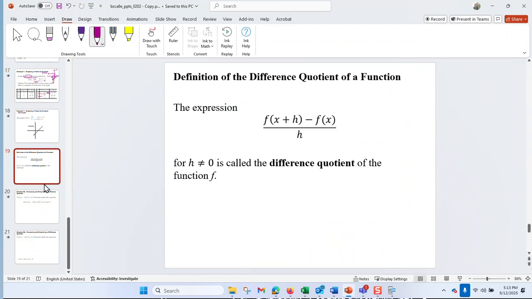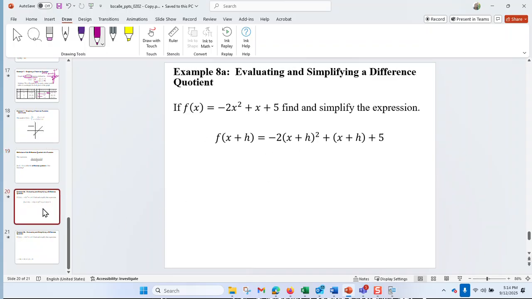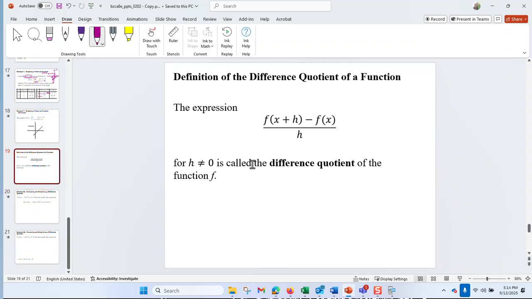All right, last set for this one here is using the difference quotient. How do you calculate this expression? I'm just giving you a little bit easier one to calculate.